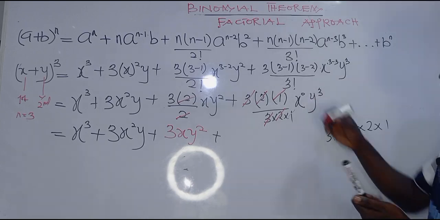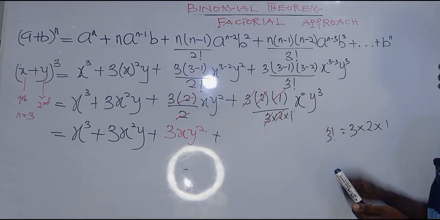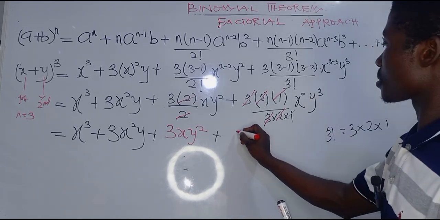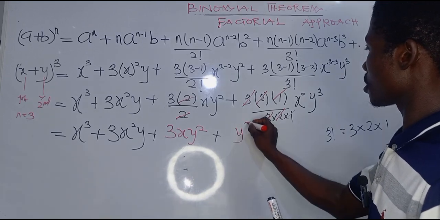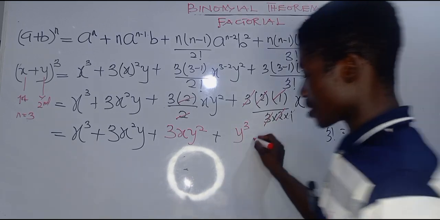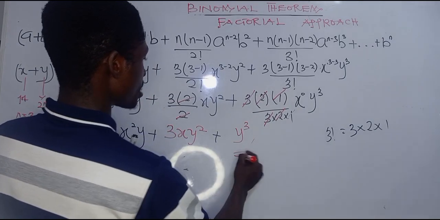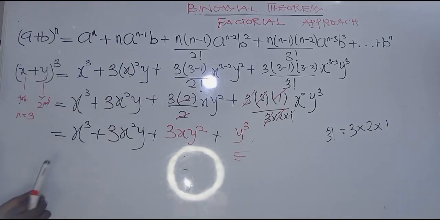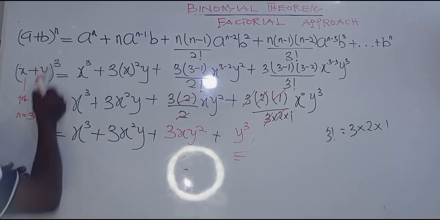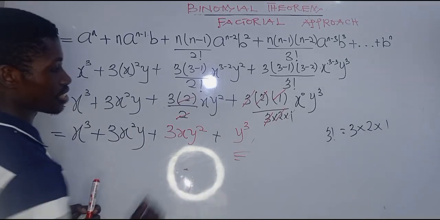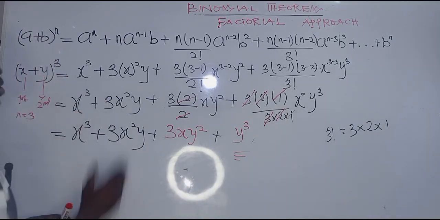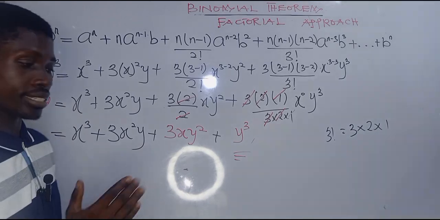We are left with x raised to the power 0 will give us 1. Then we have y raised to the power 3. And that is that. This is as easy as A, B, C, D. So the expanded form of x plus y raised to the power 3, it is this very one using the factorial approach. Let's take our next example.